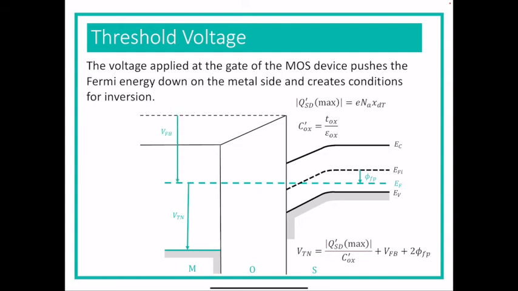The flat band voltage, remember, brings us from the vacuum level down to the Fermi level. And then on the other side, we have that drop due to the bulk work function. And when we have that all put together, we can actually find the values that we need.